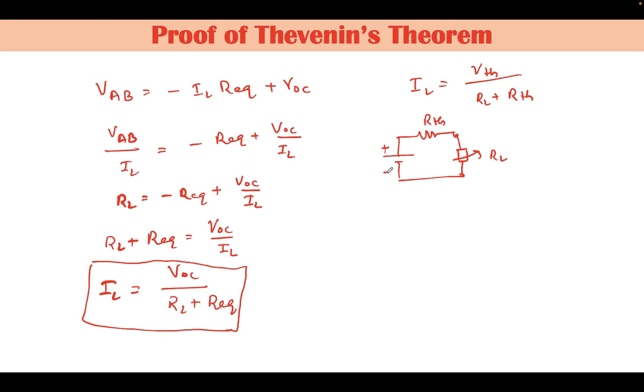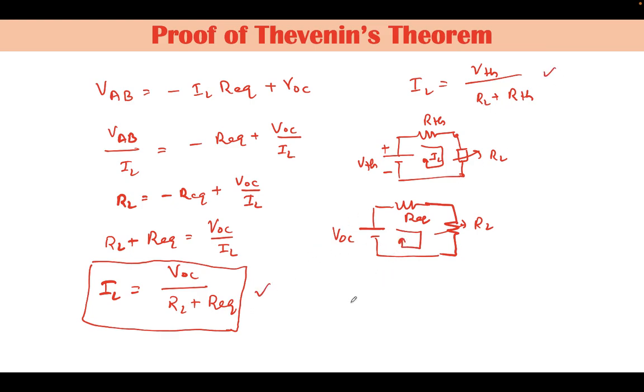According to Thevenin's theorem, this is VTH, and the current flowing in this path is IL. Now, according to the other equation, we have a voltage across terminal A and B, that is VOC. The resistance is R equivalent, whereas the load remains the same, RL. The current in this circuit is given by this equation.